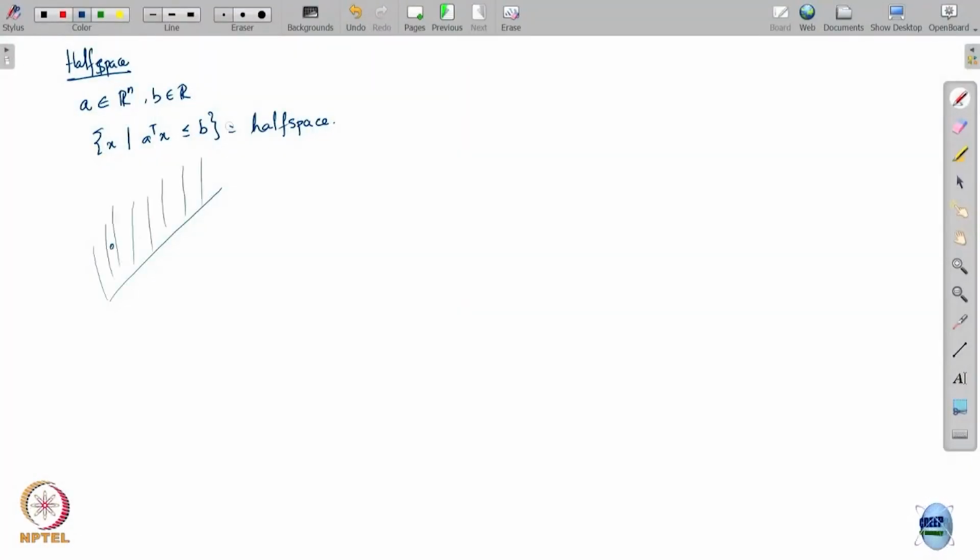I can take any 2 points in it, and the segment joining those 2 points is always in the half space. Okay. So, hyperplanes and half spaces are always convex.